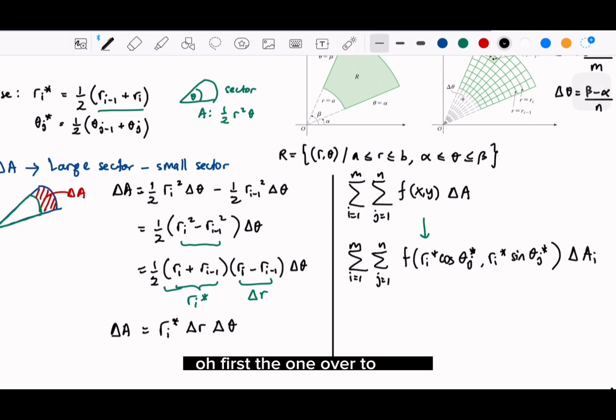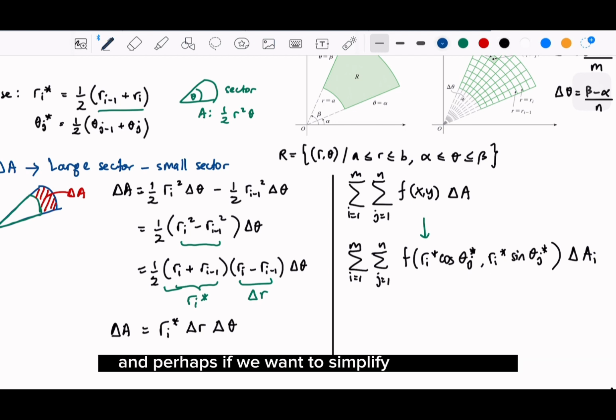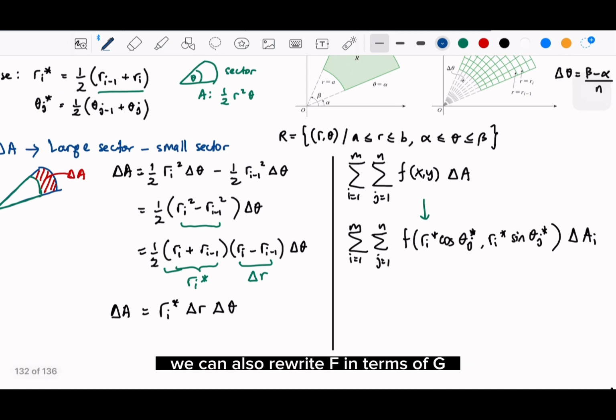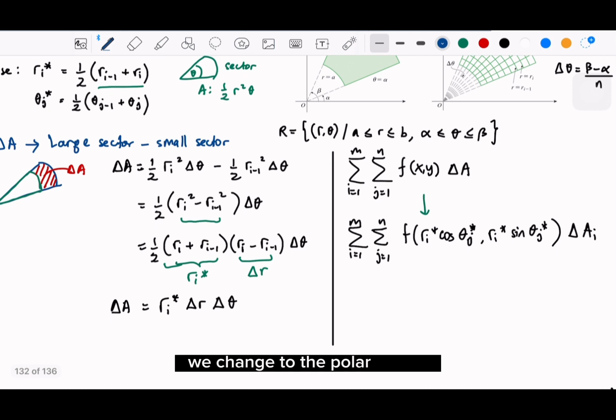Where's the 1 over 2? Okay. And perhaps if we want to simplify the functions, if this is maybe too long, we can also rewrite f in terms of g. We change to the polar curves.